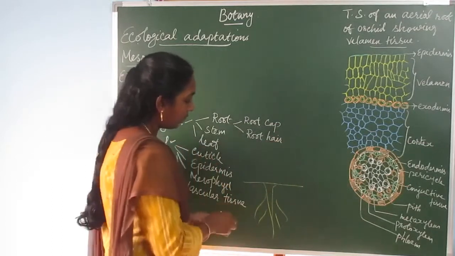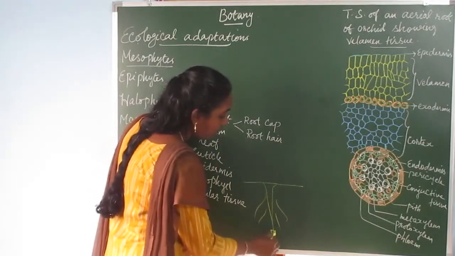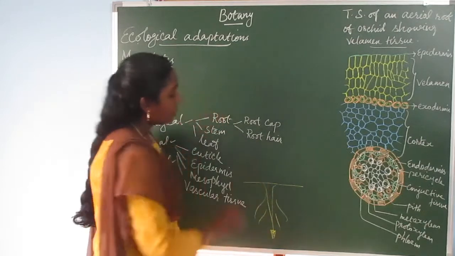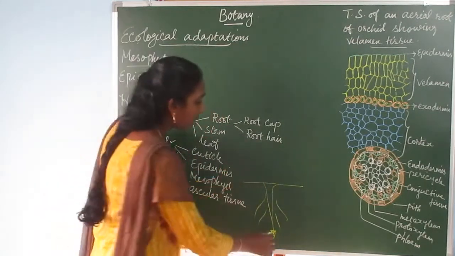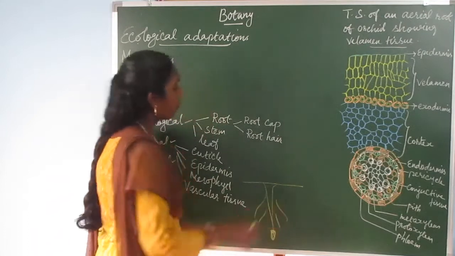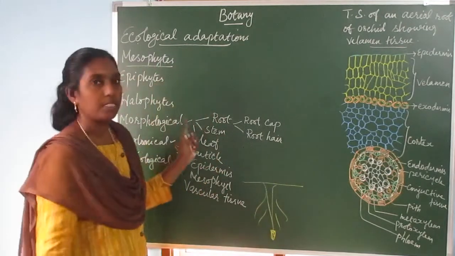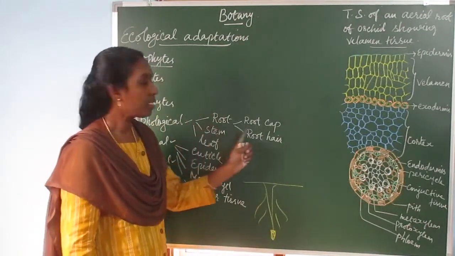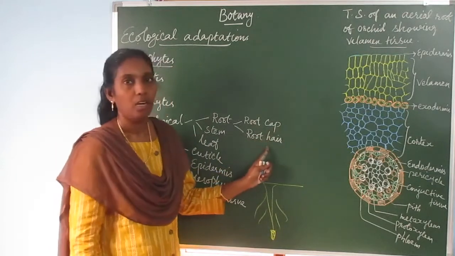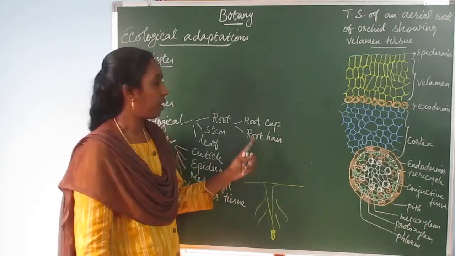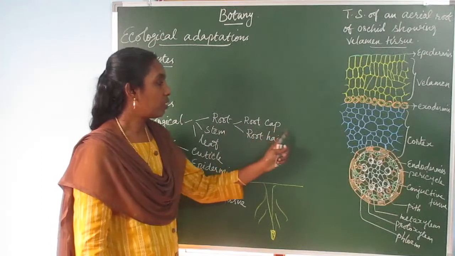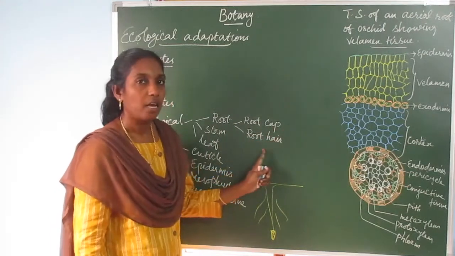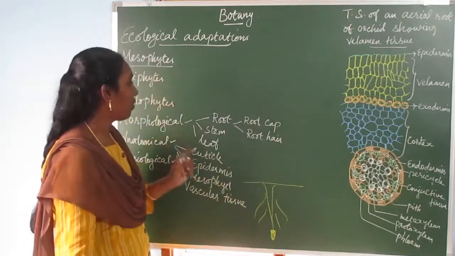Here at the end, there is a root cap. The root cap is present in mesophyte plants. Roots possess root cap and root hair. One-word or two-mark questions are important. Under root you mention this point, root cap and root hair are present in mesophytes.